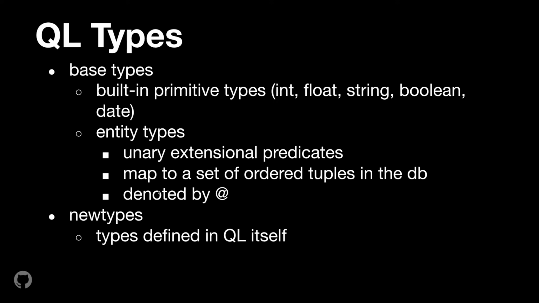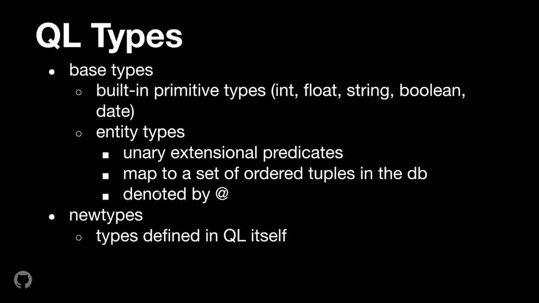And then you have your entity types, which are essentially unary extensional predicates, predicates that describe a set of values, and they map to a set of ordered tuples in the database. They're denoted by the @ sign, and that generally means that they are defined in the database scheme. And that's where you can find their definition.